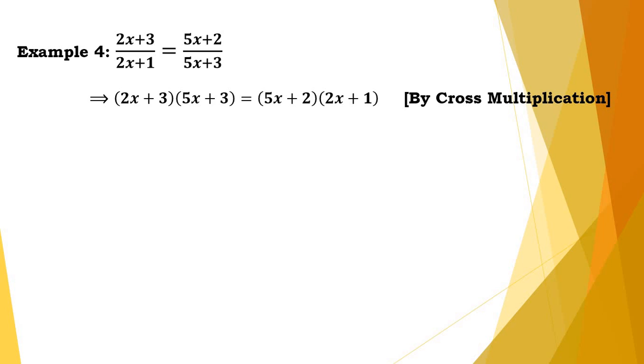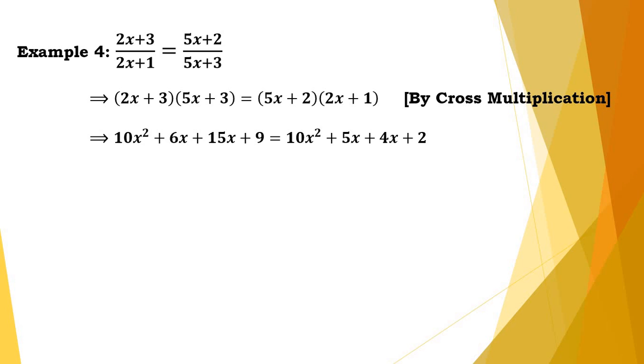Okay, so 2x into 5x will be 10x square, 2x into 3 will be 6x, 3 into 5x will be 15x, and 3 into 3 will be 9, and 5x into 2x will be 10x square again, 5x into 1 will be 5x, 2 into 2x will be 4x, and 2 into 1 will be 2. So it will be written like that: 10x square plus 6x plus 15x plus 9 is equal to 10x square plus 5x plus 4x plus 2.